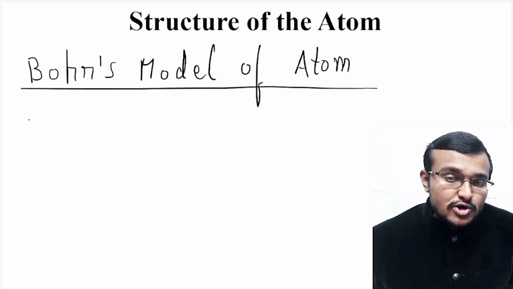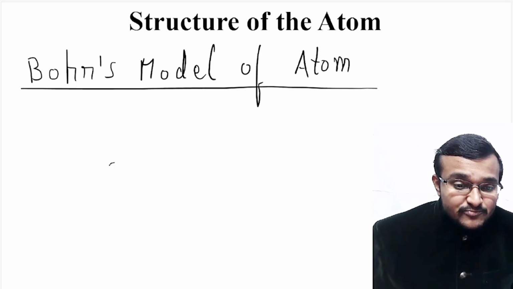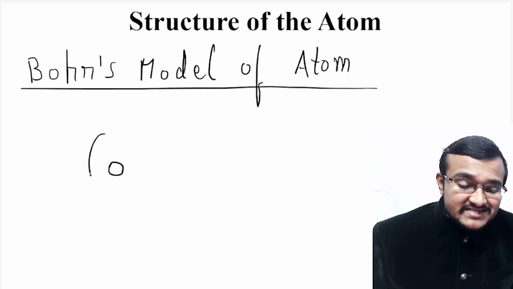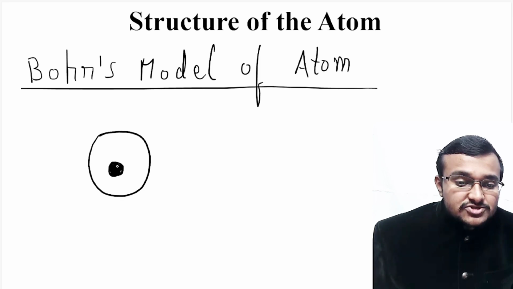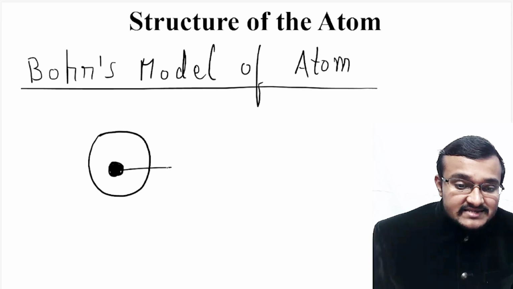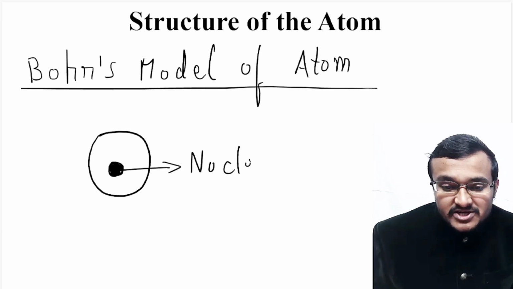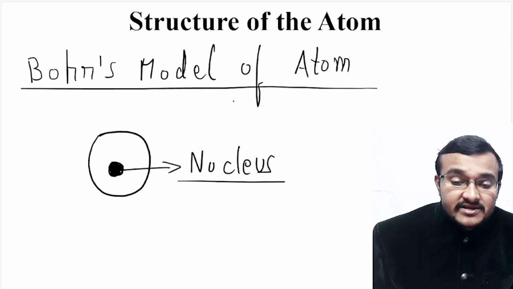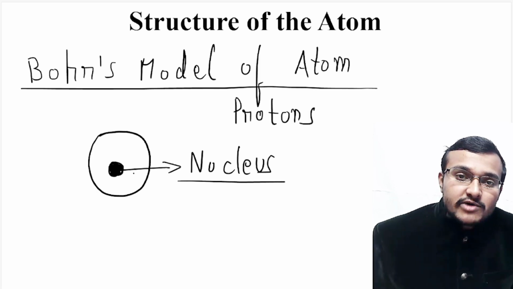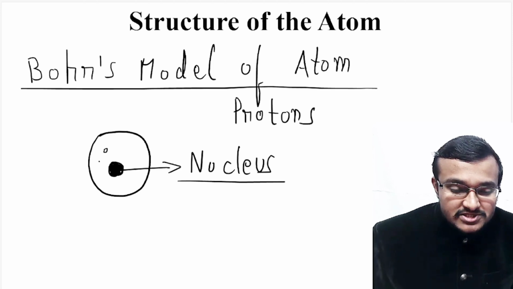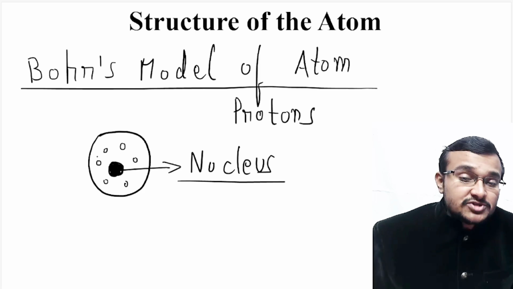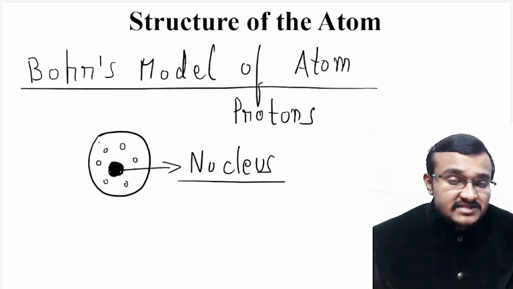In Rutherford's atomic model, we learned that the positively charged particles are confined to a very small space at the center of the atom. This is known as the nucleus, and it contains the positively charged protons. The atom has a lot of empty space in it, and electrons revolve in circular orbits around the nucleus. This is Rutherford's atomic model which we discussed in our previous video.